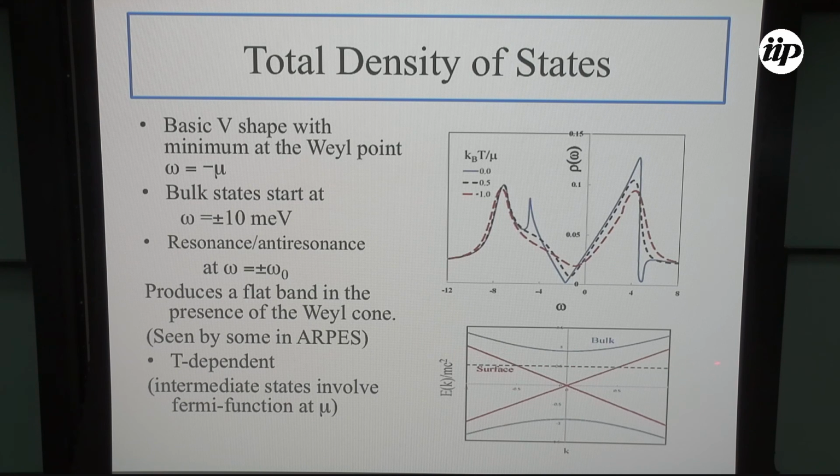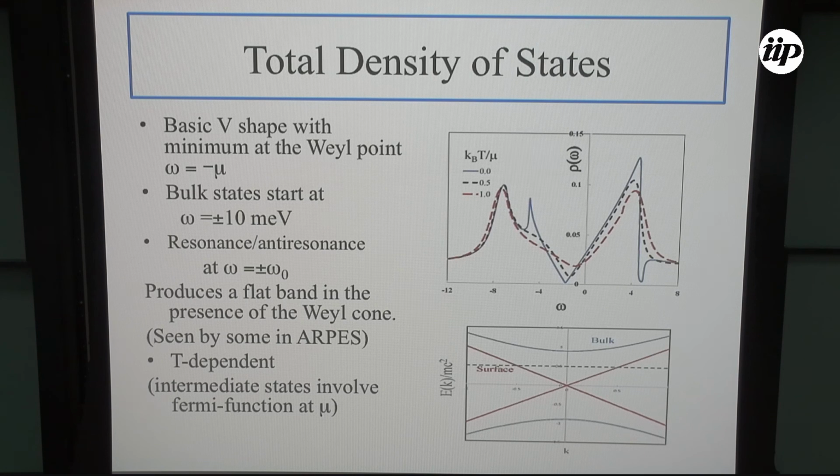There's a lot of arguments. Some people say that this is evidence that the system is not insulating at all. But I think this could be due to the existence of a resonance at the Fermi energy.